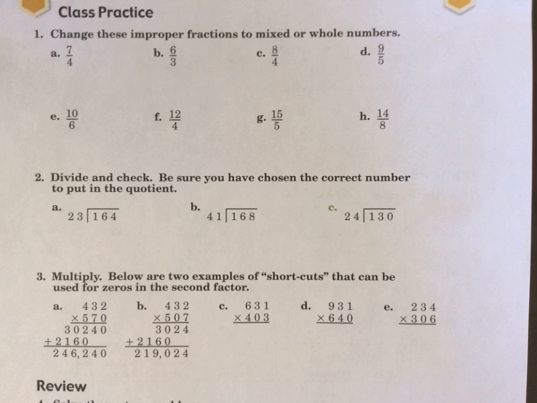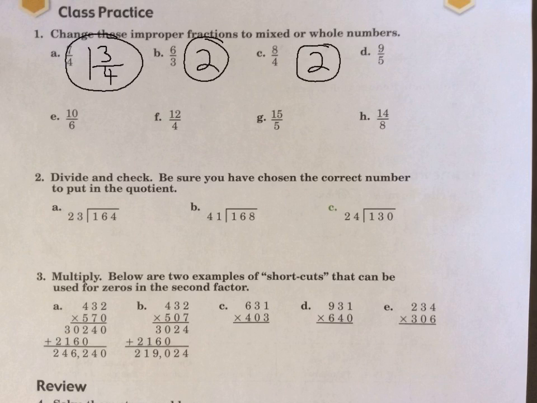So 4 goes into 7 one time, with 3 over the 4 left over. 3 goes into 6 2 times. 4 goes into 8 2 times. 5 goes into 9 one time, with 4 over 5 left over.